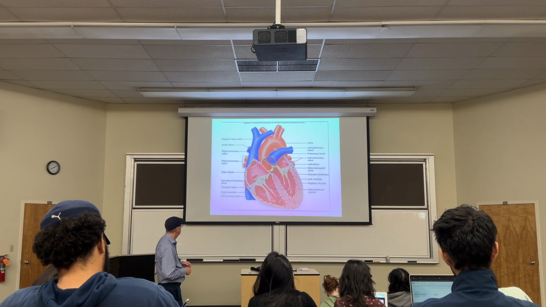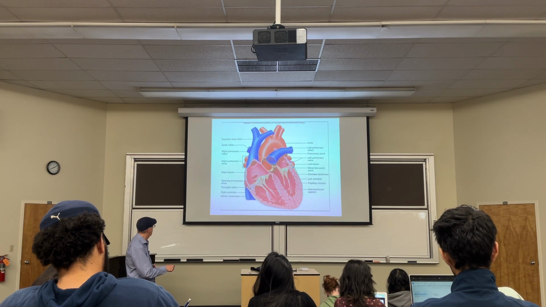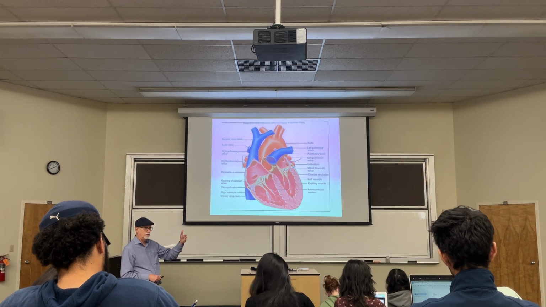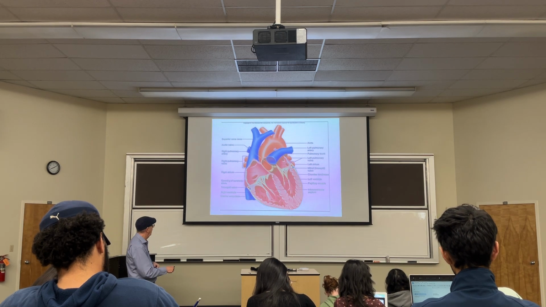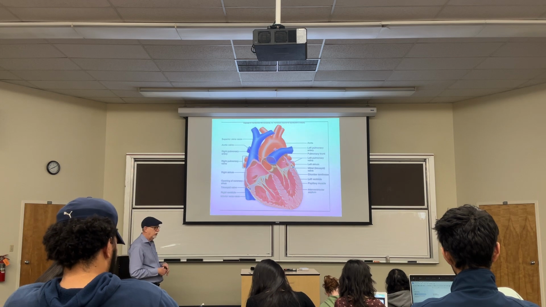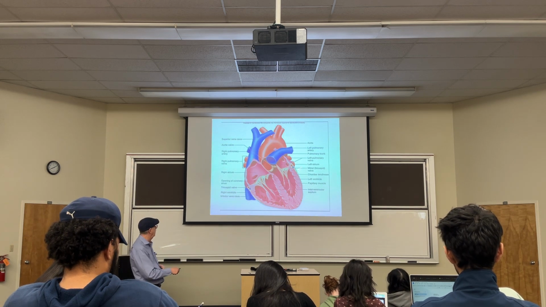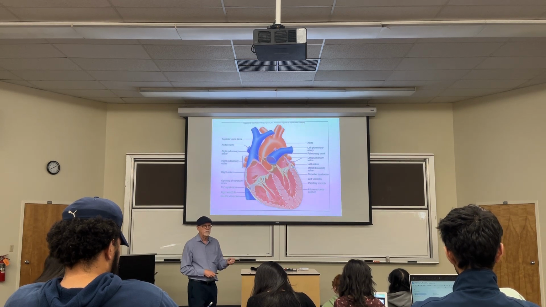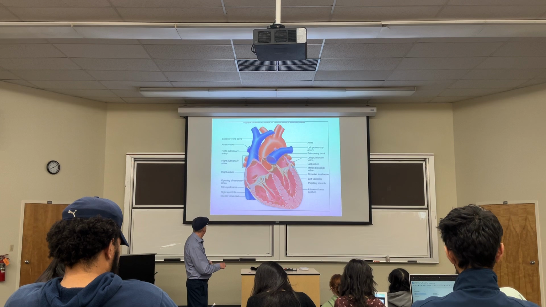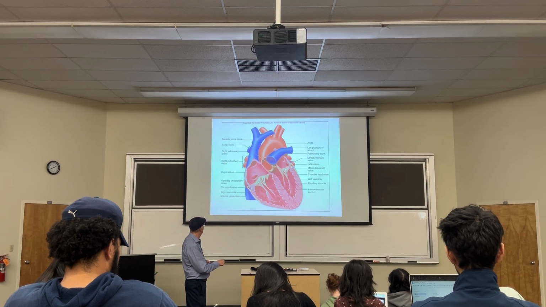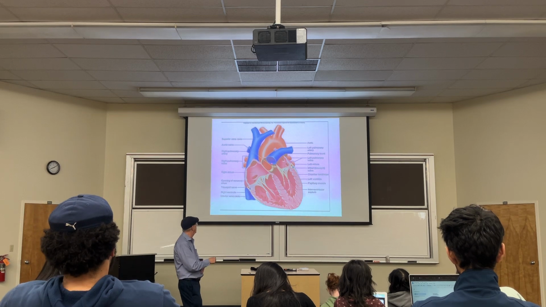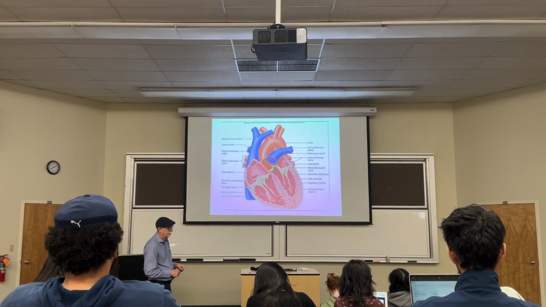It's been newly oxygenated. The right ventricle pumps to the lungs through the pulmonary trunk, pulmonary artery, and the left ventricle pumps to the systemic circuit through the aorta. The exiting valves here are the semilunar valves, the pulmonary semilunar valve on the right side, and the aortic semilunar valve on the left side.